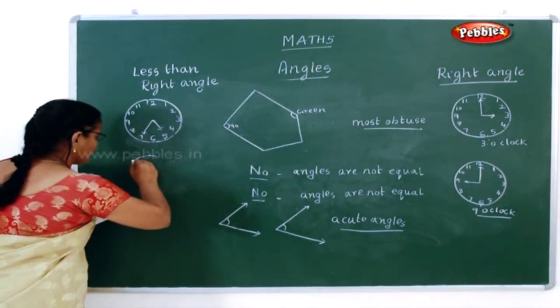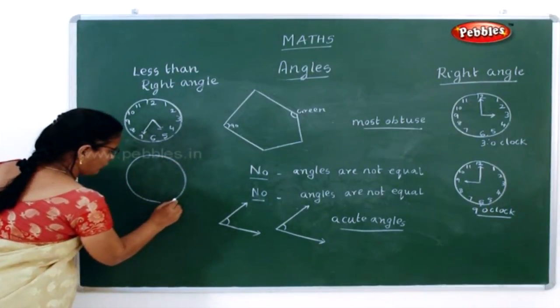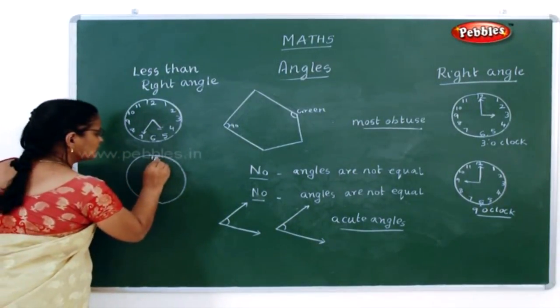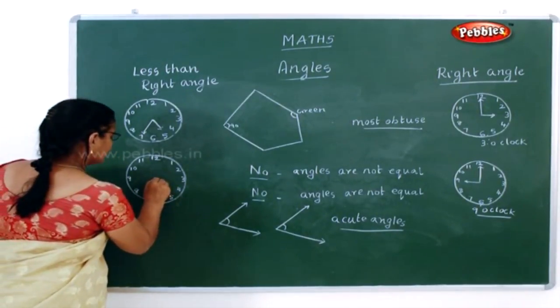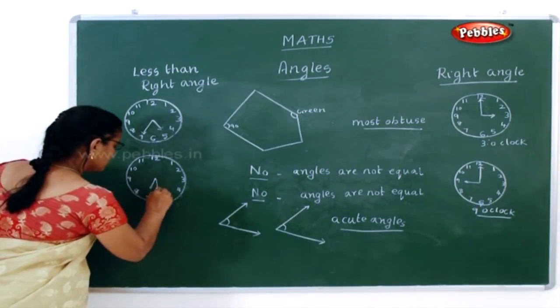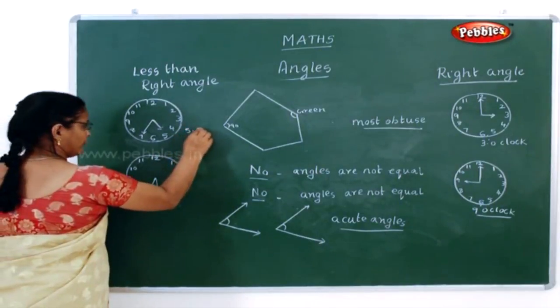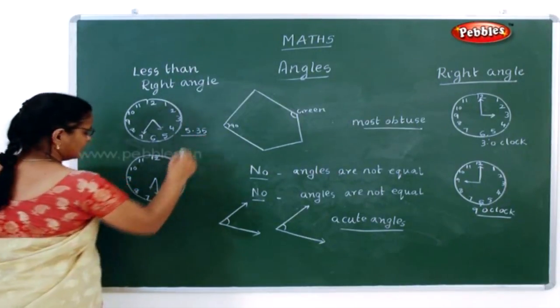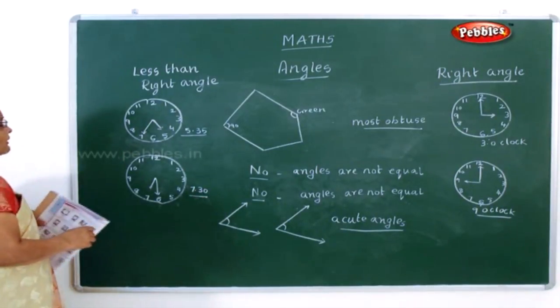Then one more hands of the clock which shows less than the right angle. What is this angle called? Acute angle. See, 7:30 and 5:35 show less than the right angle.